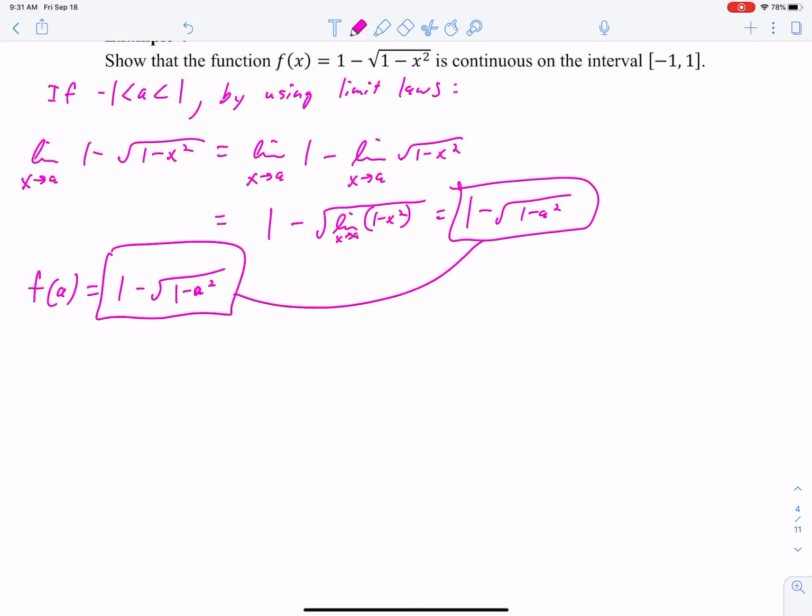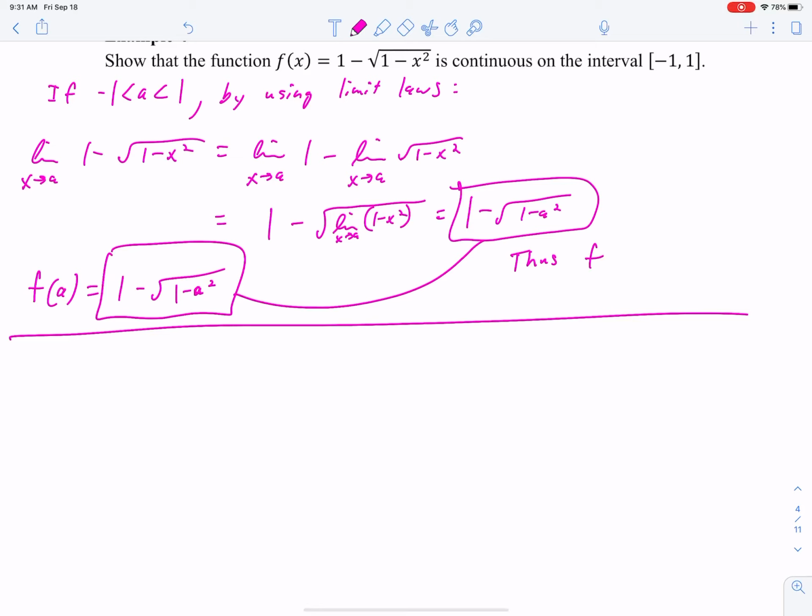The limit exists at a, and the function value exists at a, and they're equal. Therefore, or thus, however you want to write that, f of x is continuous on the open interval. Remember, we did not check the endpoints yet. We're talking about just every value inside the interval.